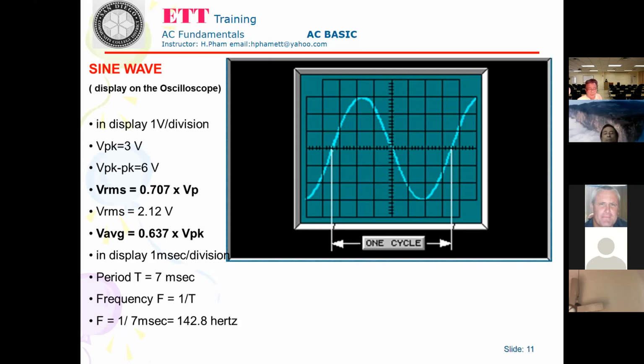Then you don't have to use the formula to do the calculation. But for the basics, you must use the formula. Okay, any question? Try to really understand what is on the oscilloscope. That will help a lot when you start doing your real lab.